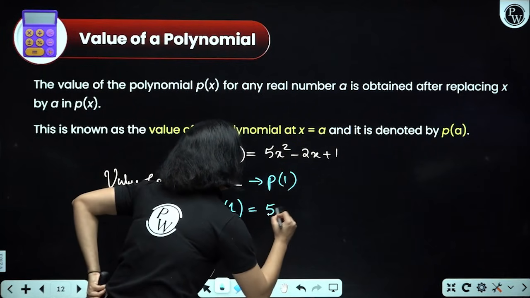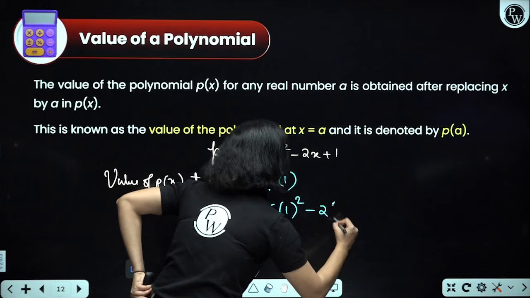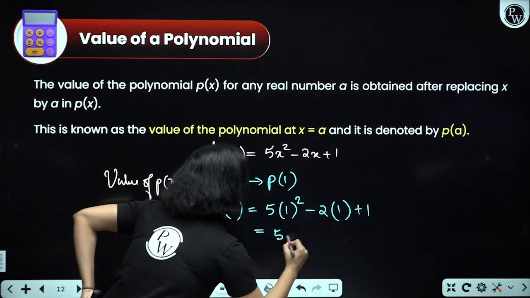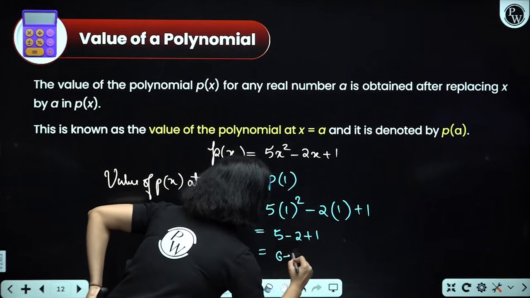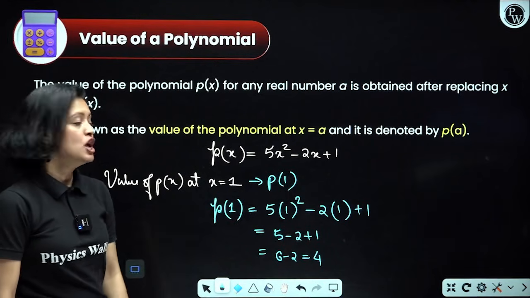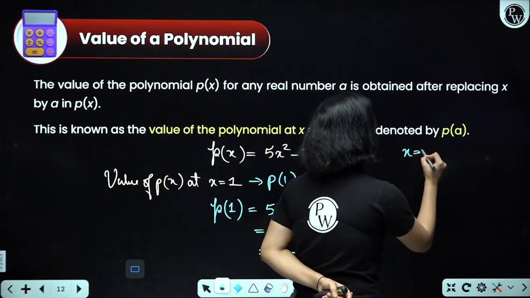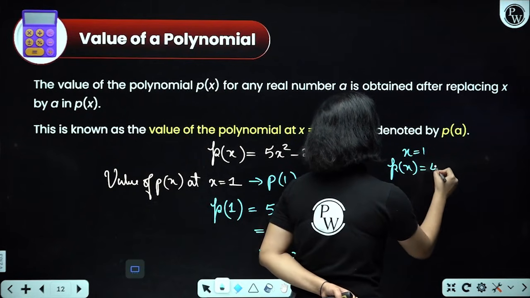You'll get 5, in place of x I'm writing 1, so 1 squared minus 2 into 1 plus 1. What do you get? You get 5 minus 2 plus 1. That is 6 minus 2, that is equal to 4. So basically, when the value of x is 1, then the value of p(x) is equal to 4.